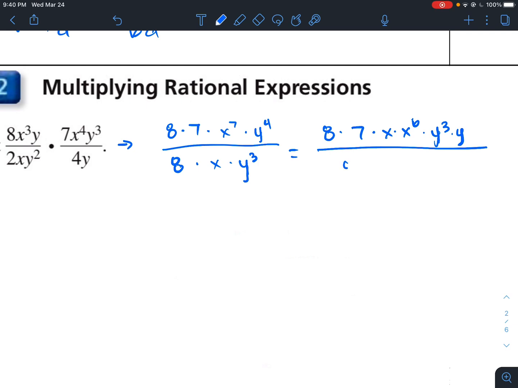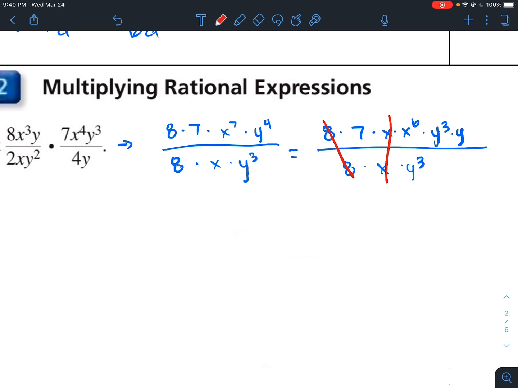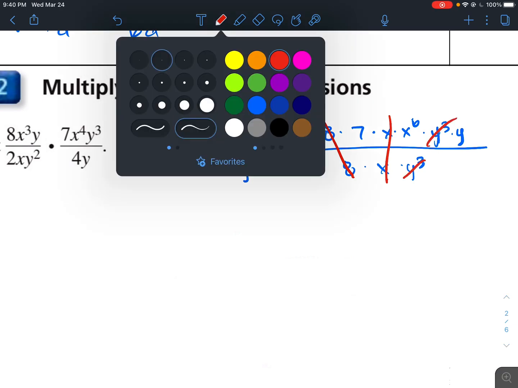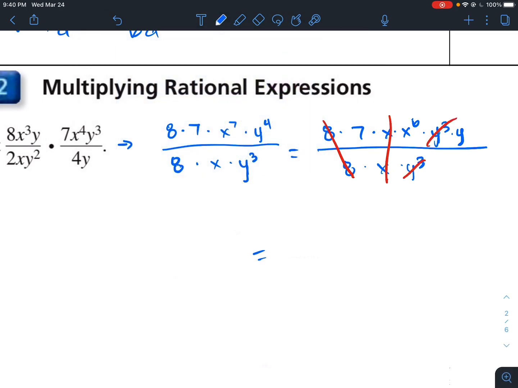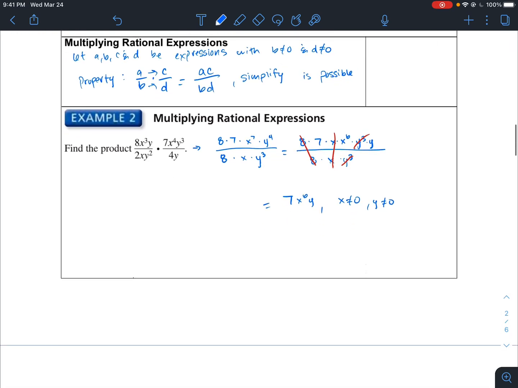And then here I'm just going to leave it as 8 times x times y cubed, because now I can cancel out the 8's, I can cancel out this x, and I can cancel out these y cubes. And when I do that, I'm left with 7 x to the 6th times y, and nothing in the denominator. And then I just need to state that x cannot equal 0 and y cannot equal 0.